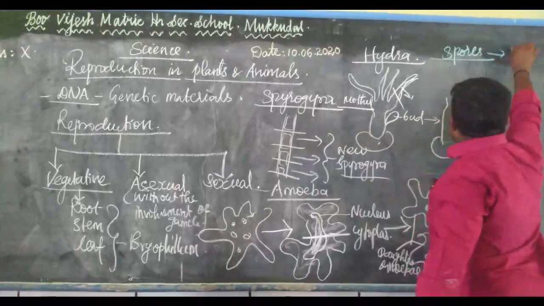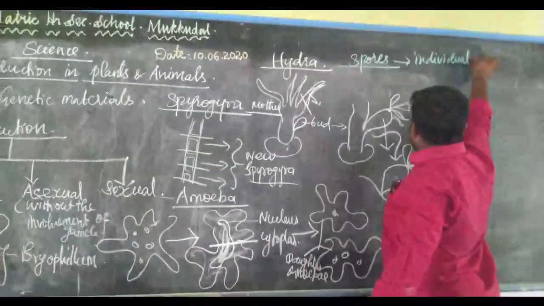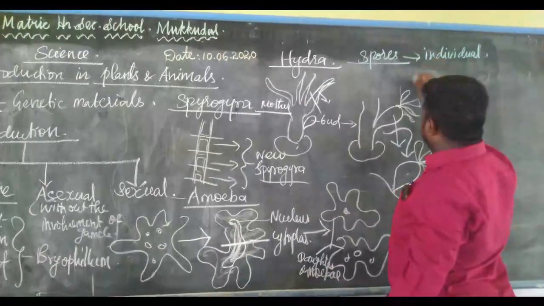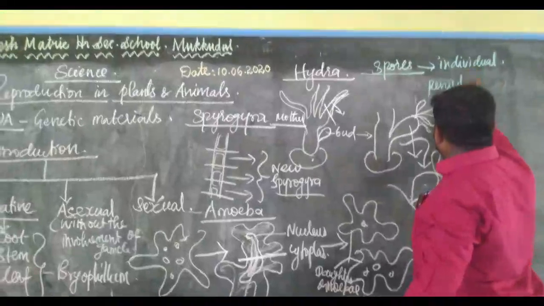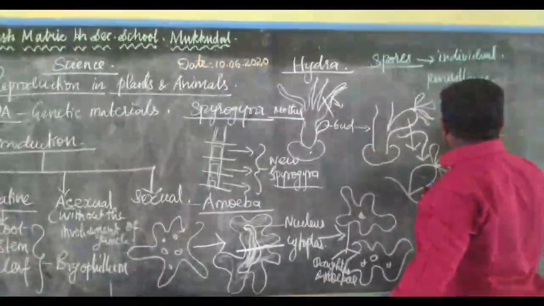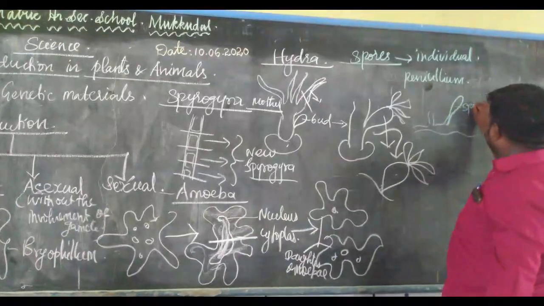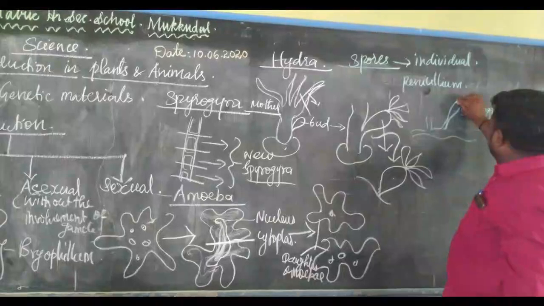Here the spores produce the individual or organism. For example, penicillium. First it will produce the hyphae, then the sporangium.